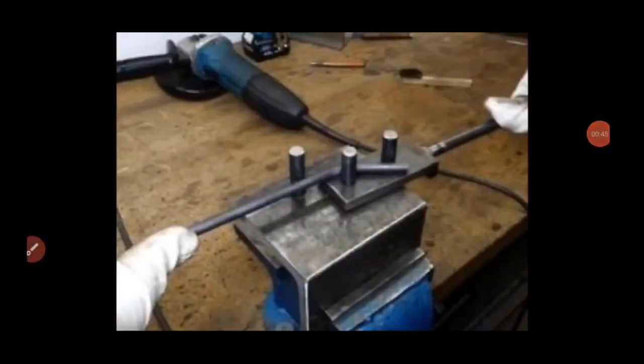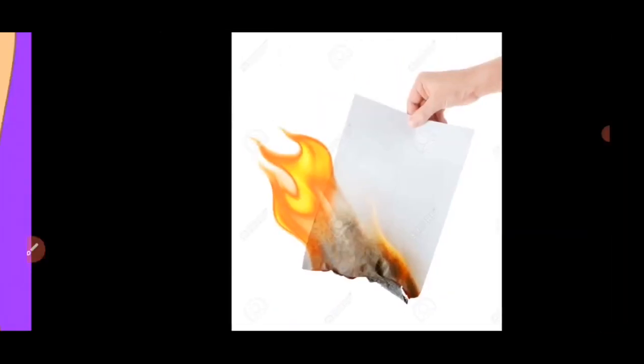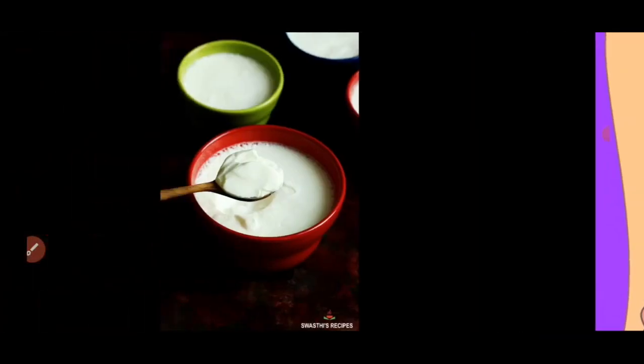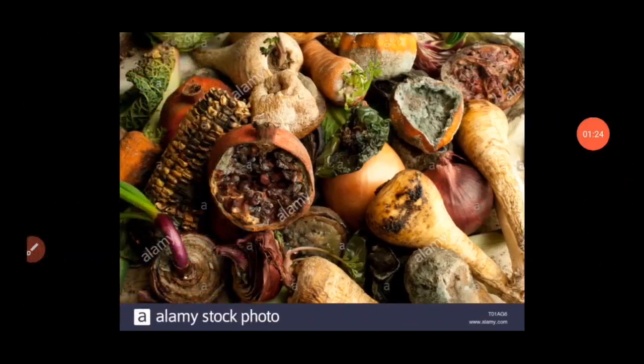On the other hand, changes like burning paper, digestion of food, turning milk into curd, and decaying vegetables are some examples of chemical changes. So this is an important one-mark question: give me examples of some physical changing substances and some chemical changing substances.